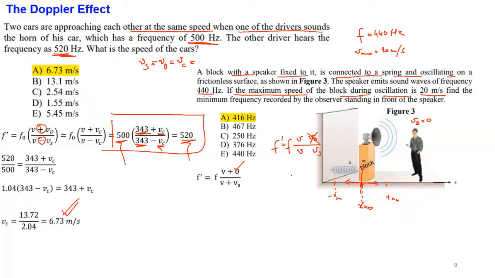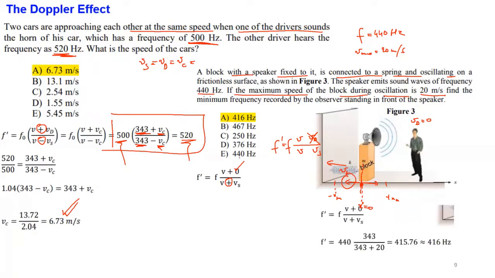Let's say minimum frequency. Minimum frequency will be when he is moving away. So this gives you minimum frequency, when the source is moving away. So here I will have a plus.